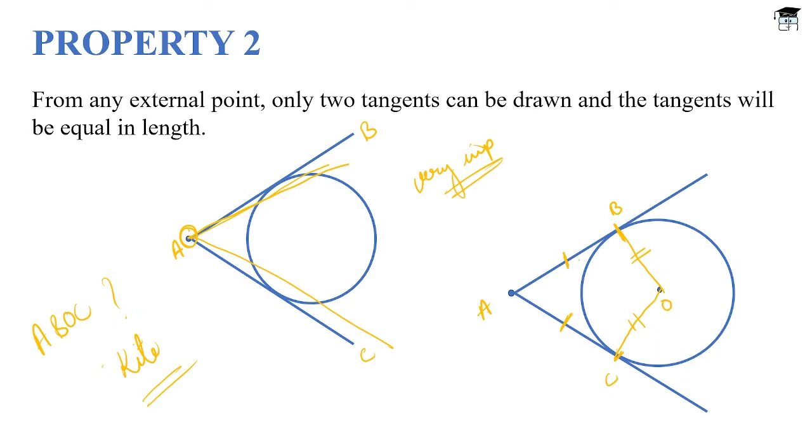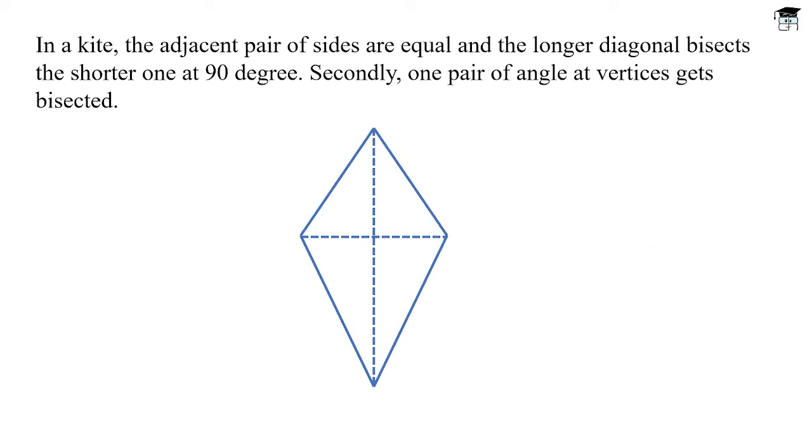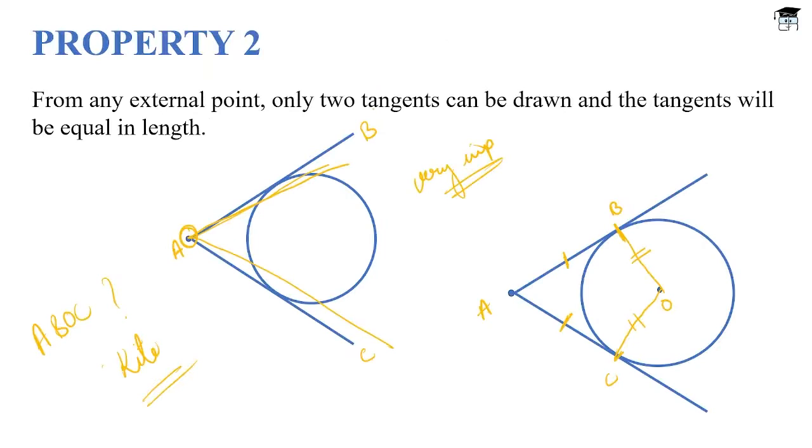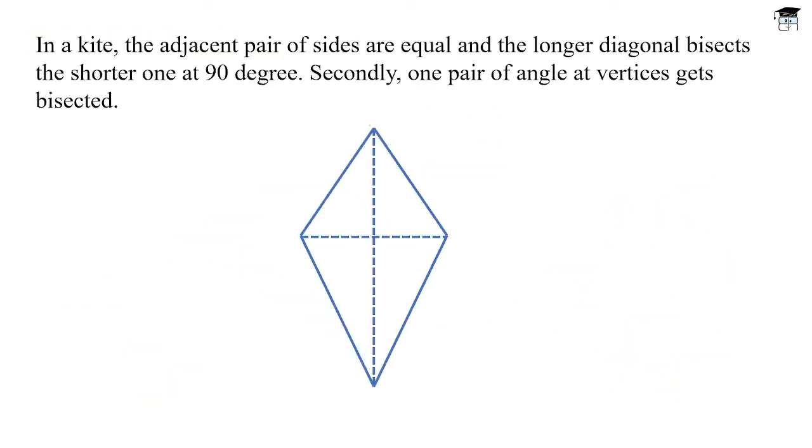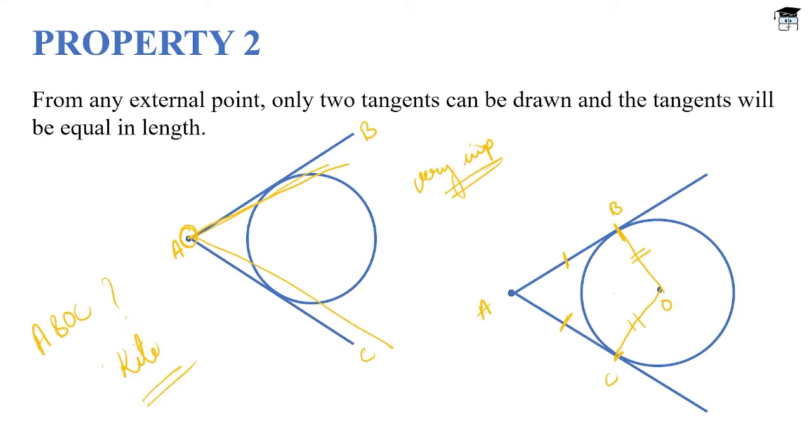As I told you, this is a very important figure in circles, so we'll discuss the properties of a kite here. If I rotate this, O is here, and then B, C and A. I have magnified this figure.